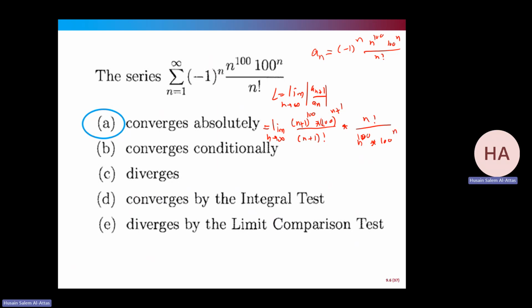Now we need to manipulate the algebra. This cancels with this, this cancels with this, and gives you n plus 1 here. The limit as n goes to infinity of, this with this gives you 100.